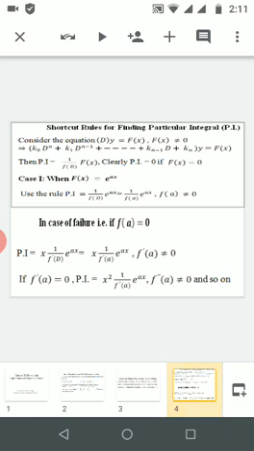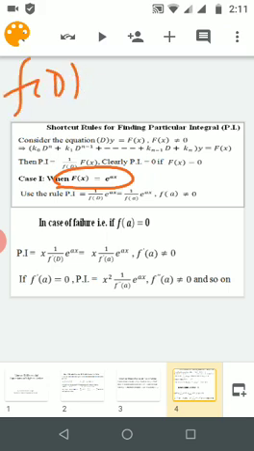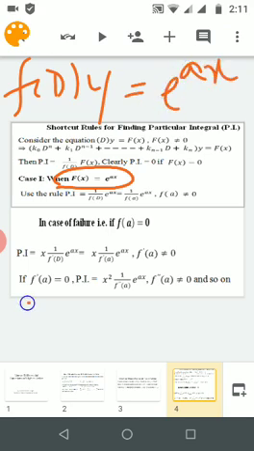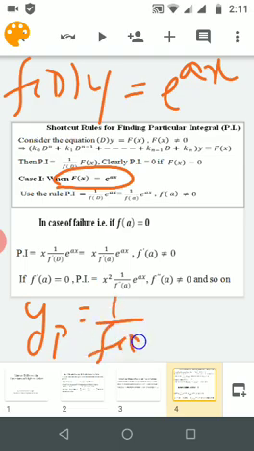So here, if you notice, I'm looking at a particular integral. I have a situation, case 1, where f of x is e raised to ax. So what will the answer basically be? When I have f of D operated on y equal to e raised to ax, my yp will be 1 upon f of D operated on e raised to ax. Very simple.